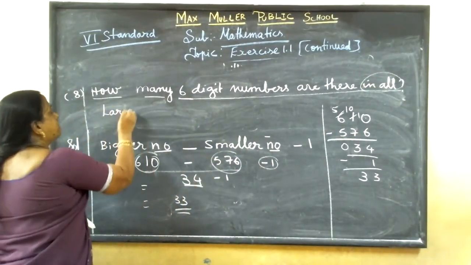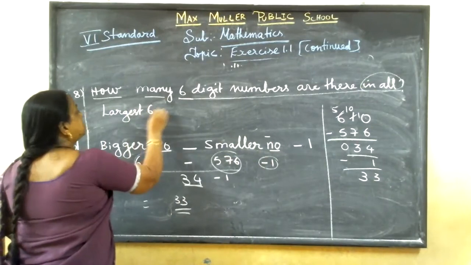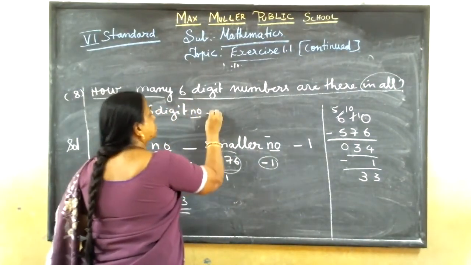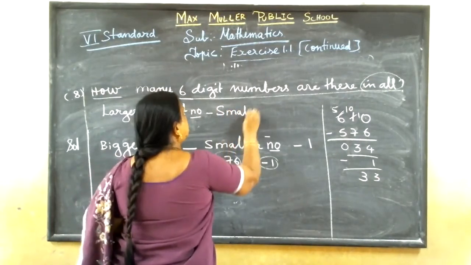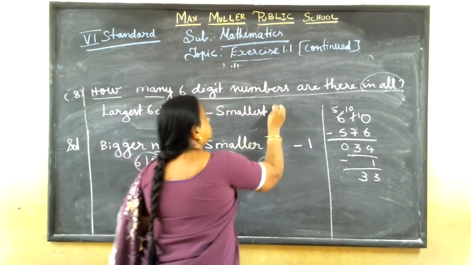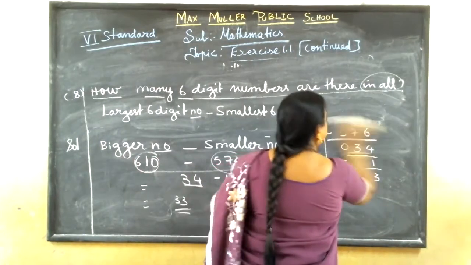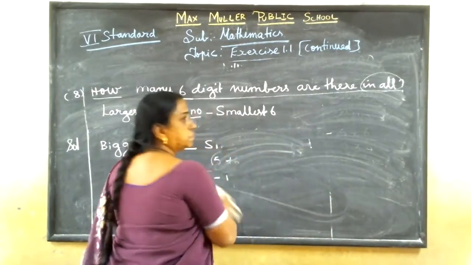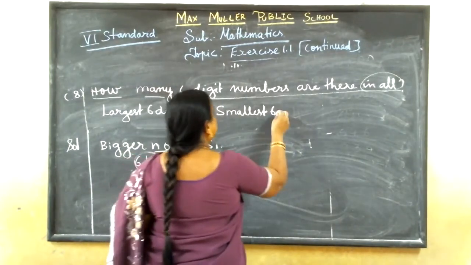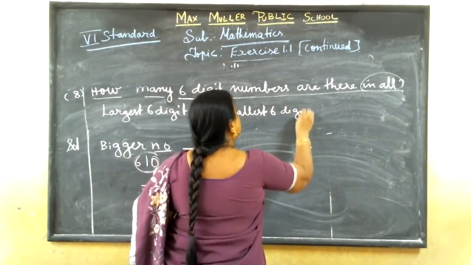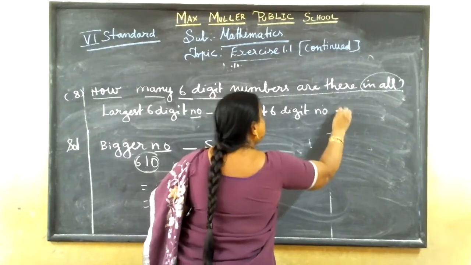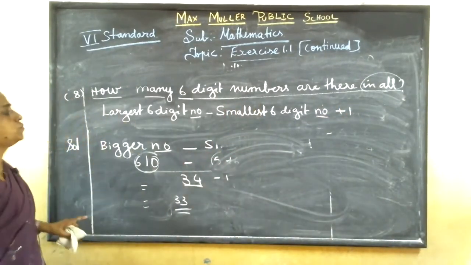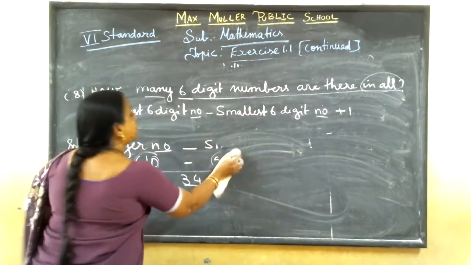Largest 6-digit number minus smallest 6-digit number, plus 1. Got it? So here, largest 6-digit number is what? Already I taught you, 6 times 9.